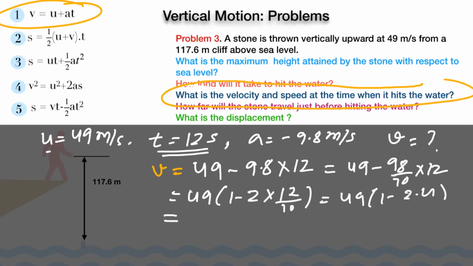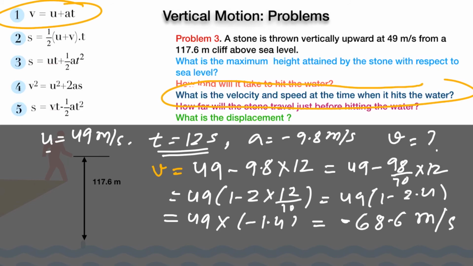So this will be equal to 49 into minus 1.4, and if you multiply this, it will be minus 68.6 meter per second. So the velocity of the stone when it hits the water will be 68.6 meter per second in the downward direction. This negative sign shows the downward direction.